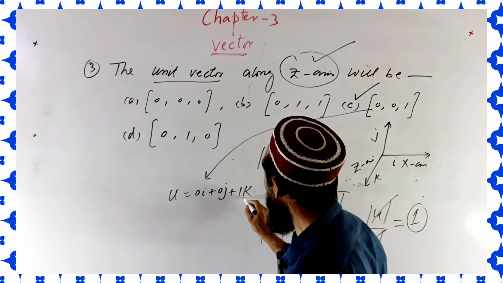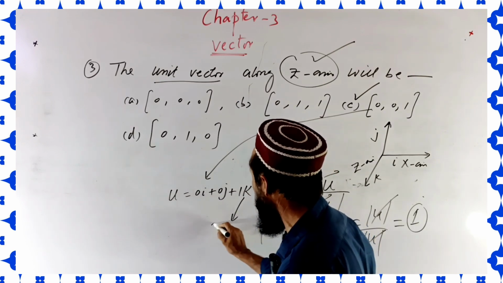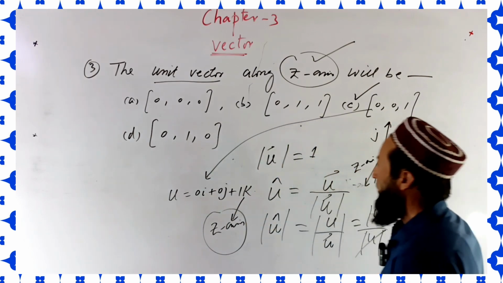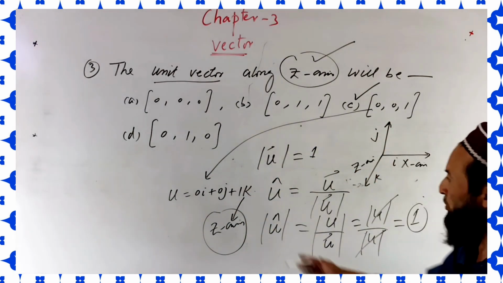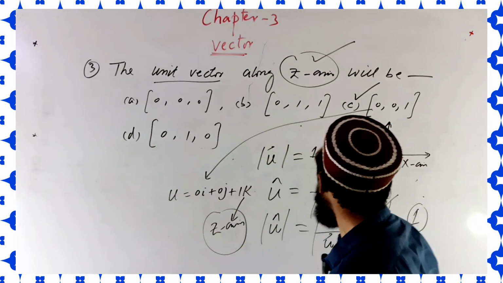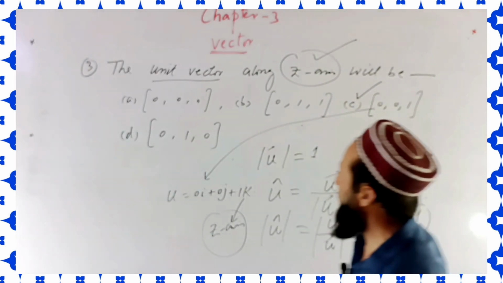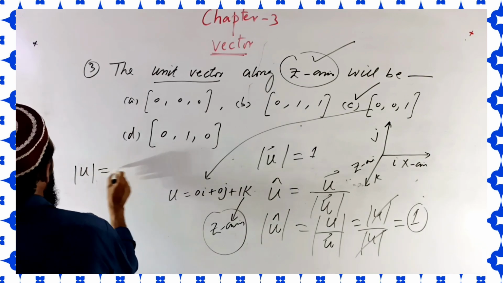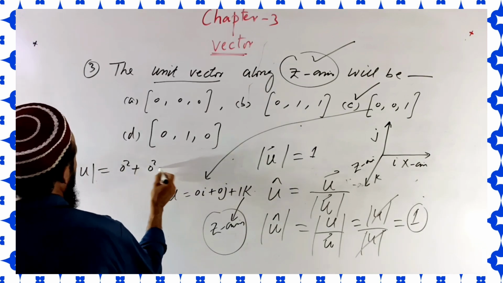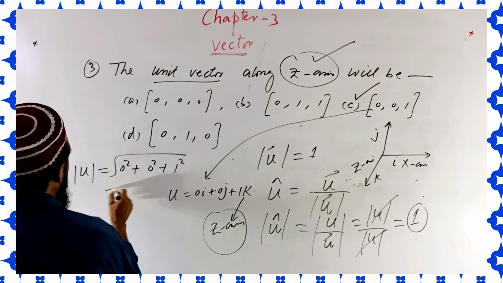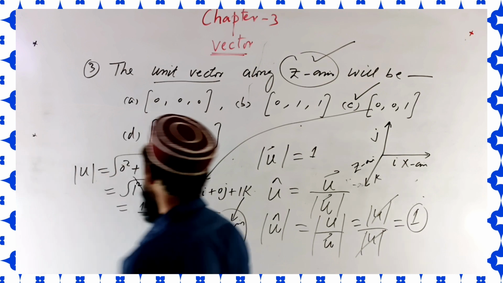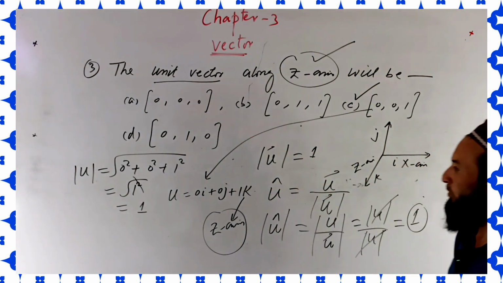So 1k is along z-axis. If we take the magnitude, the result will be 1: u magnitude is the square root of 0 square plus 0 square plus 1 square, so the result is 1. That is called a unit vector.